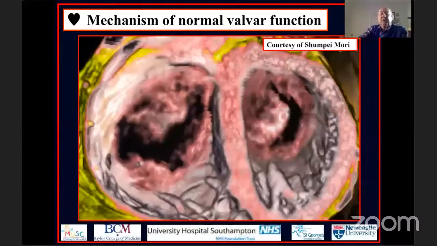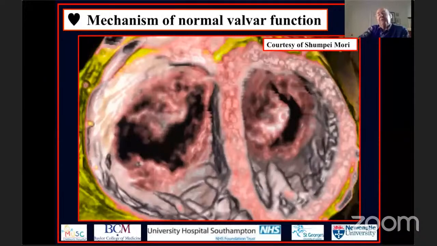This is the arrangement as you see in an autopsied specimen. We can now see exactly the same thing using virtual dissection. I've shown you virtual dissections before. For the most part, they are produced by my good friend and colleague, Shumpei Mori, previously from Kobe, now working in Los Angeles.